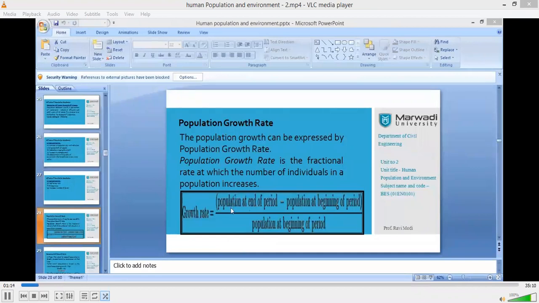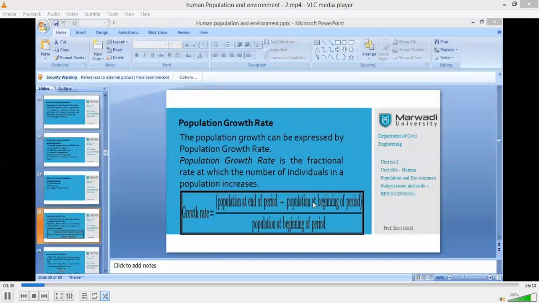So according to this formula, what does it suggest? It suggests that 12 lakh minus 9 lakh should be the numerator value. So how much is it? It is 3 lakh. What is this 3 lakh? It is basically the increase in population during that particular period, divided by the population at the beginning of the period. That was 9 lakh.